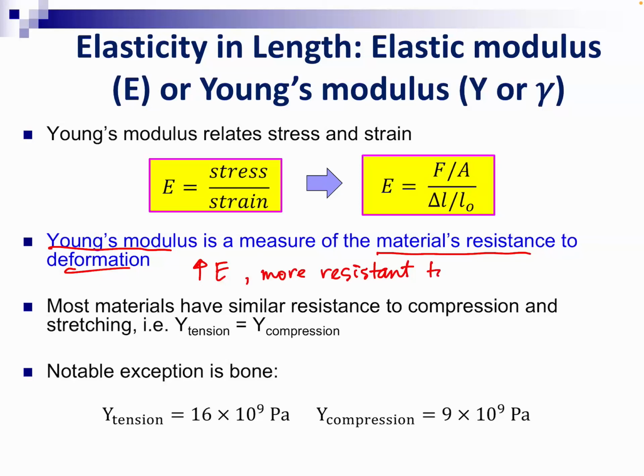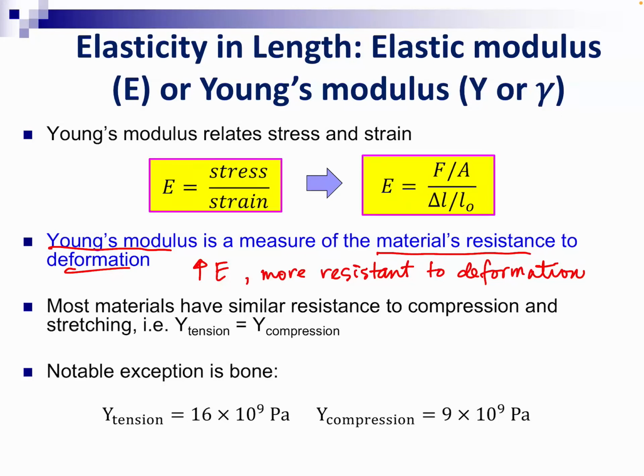So it's more resistant to deformation. Depending on the application that you want, it's the Young's modulus or elastic modulus that you look at. If you want to have more deformation or less deformation, then the elastic modulus of that material tells you which kind of material to use.